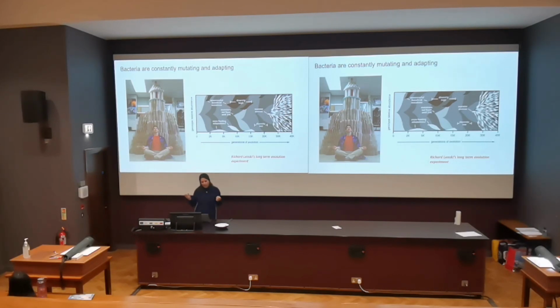One really nice example of this is experimental evolution, which we do quite a lot for bacteria. One example is Richard Lenski's long-term evolution experiment, which he's been doing with E. coli at Michigan State University, where he's been growing the same strain of E. coli since 1988.